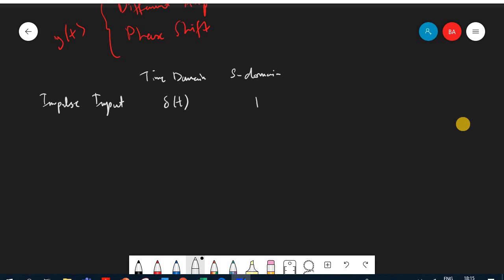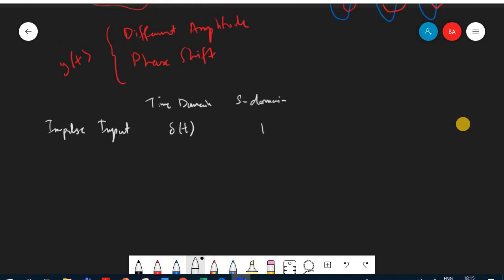The table that I'm looking at is an application to a first order process, which is something like k over tau s plus 1.